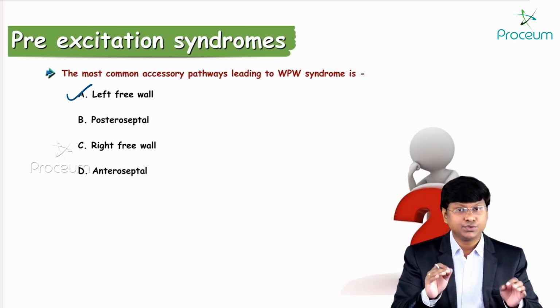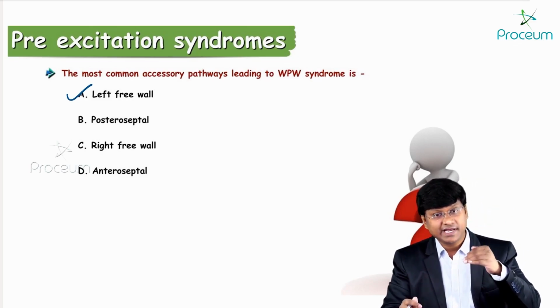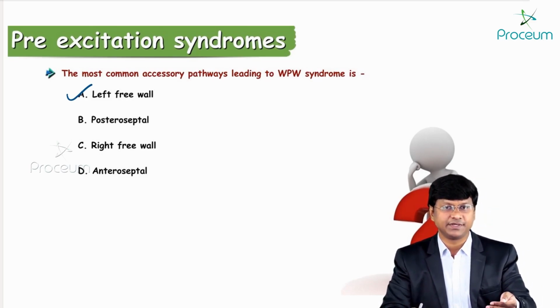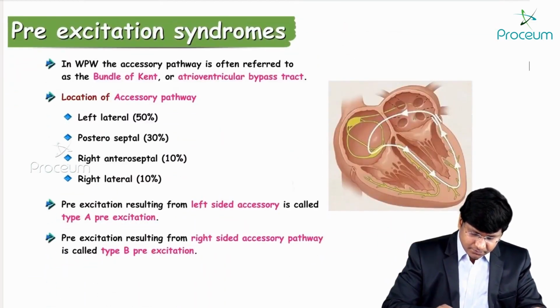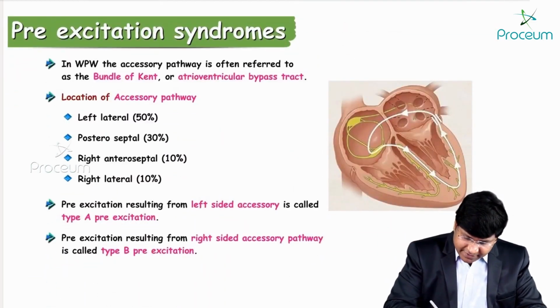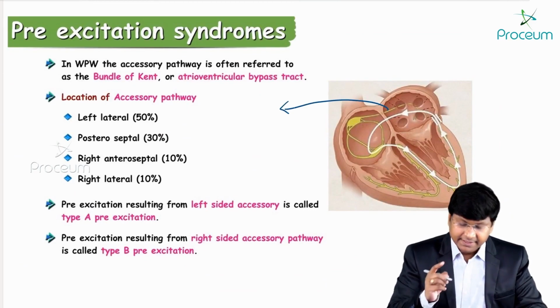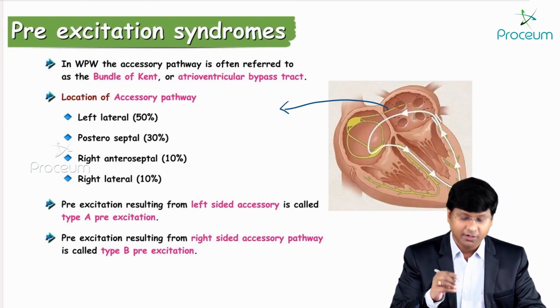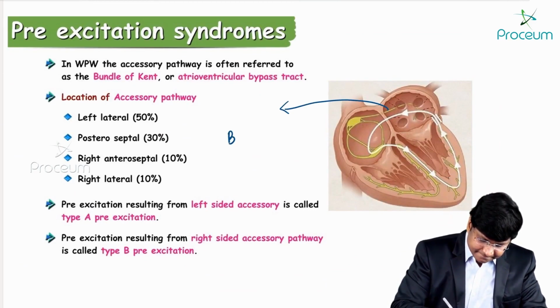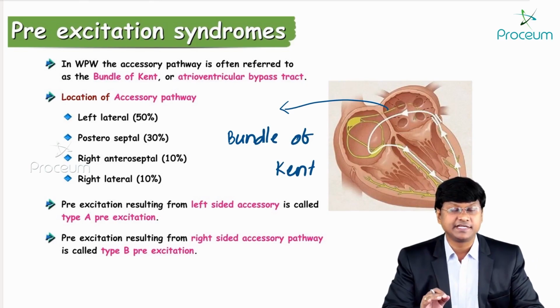Now, you should also know the name of this particular accessory pathway. The name of this accessory pathway is nothing but the bundle of Kent.